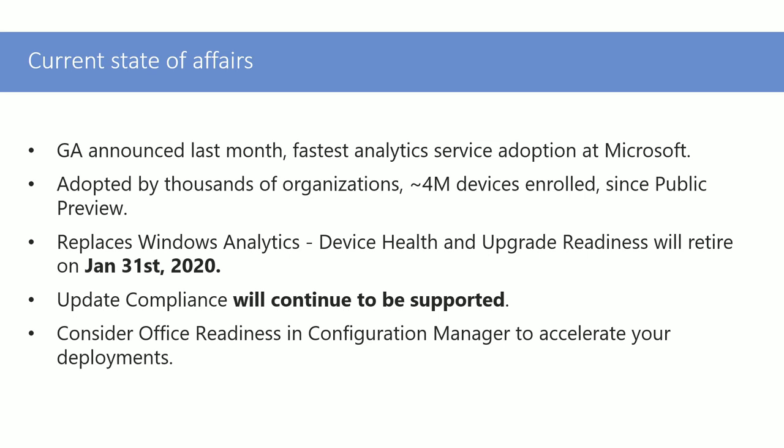Pay close attention to this: Device Health and Upgrade Readiness will retire on January 31st, 2020. So if you're using those products, come up with a plan and migrate over to DA. However, if you're using Update Compliance, that will continue to be supported, so that's not going away.